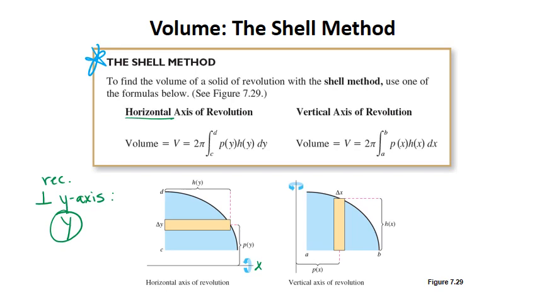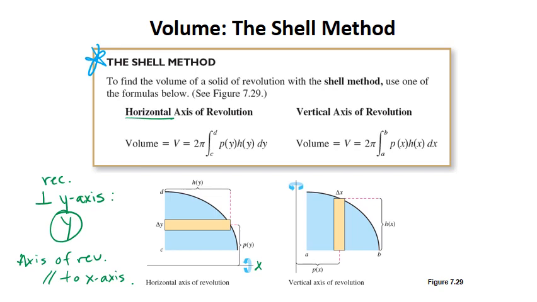And if you look at our integral, everything's in terms of y. So you can either think of this as our rectangle being perpendicular to the y-axis, or our axis of revolution being parallel to the x-axis. If that's the case, it's in terms of y.